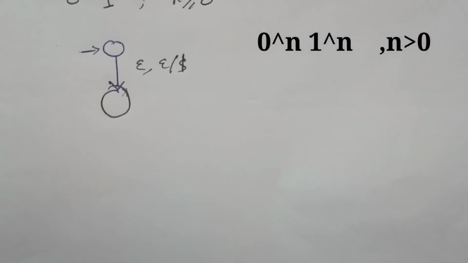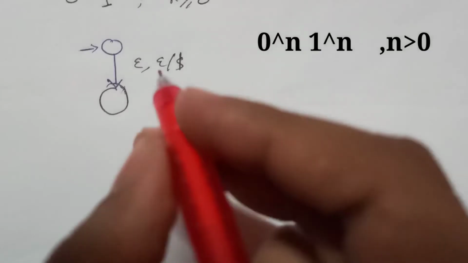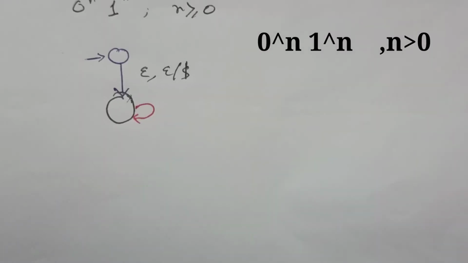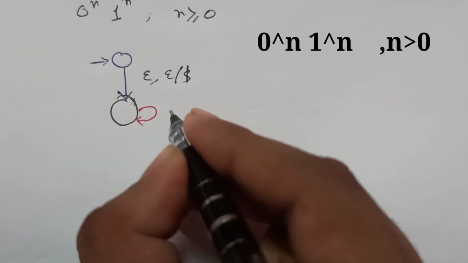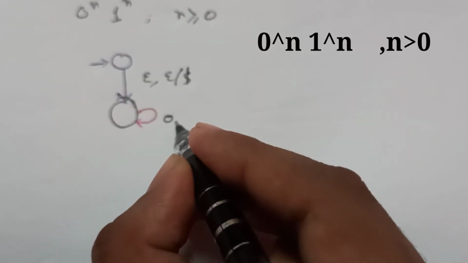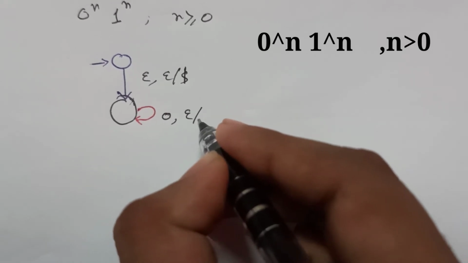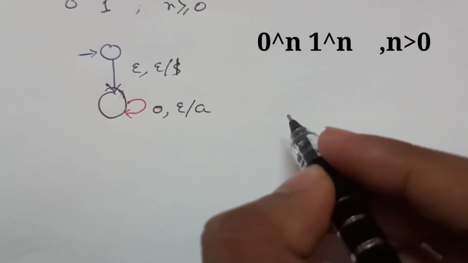Now again, for every zero, we read the 0 from our input, we read null from our stack top, and we push a inside our stack.